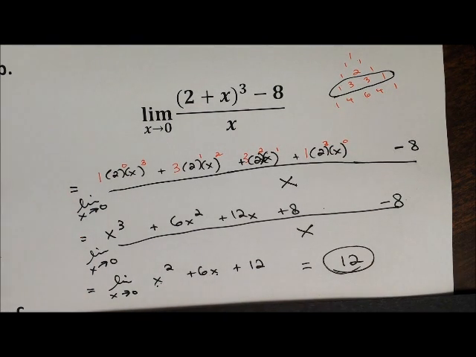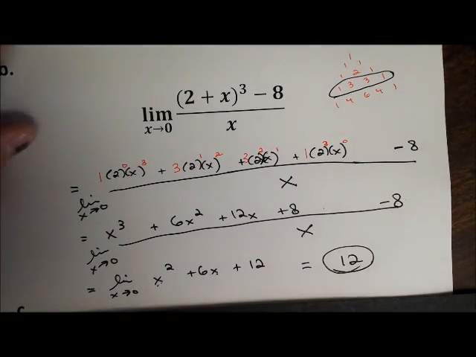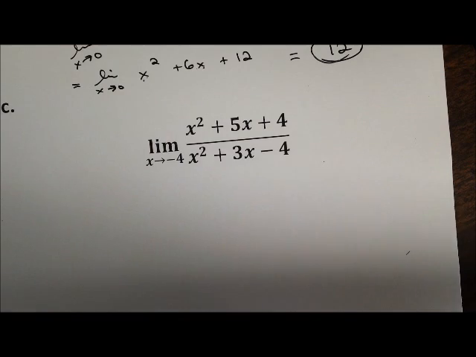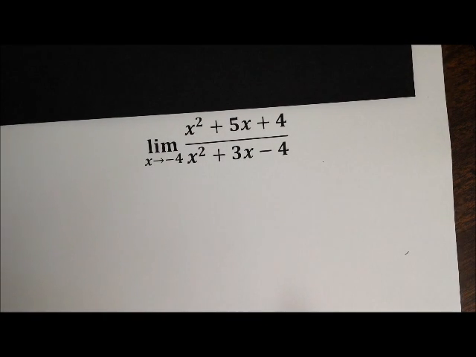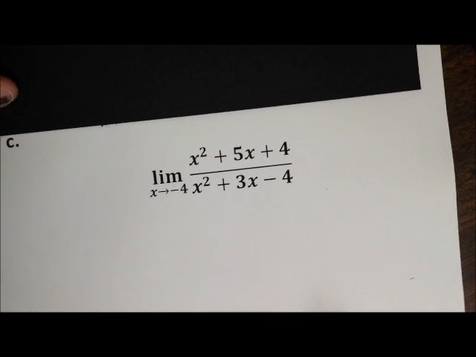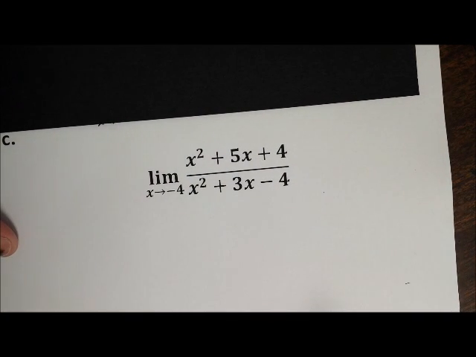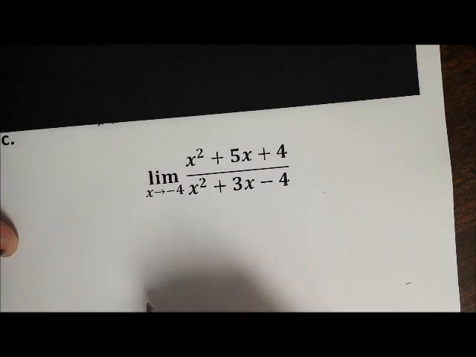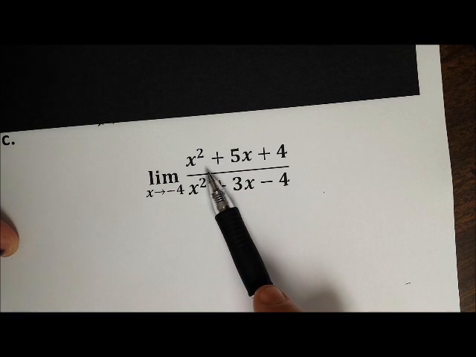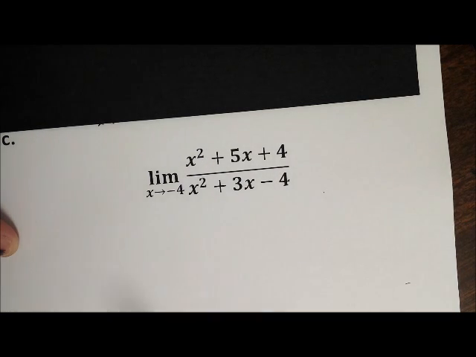Alright, the next one is to factor and simplify. So let's take a look at that example. Alright, so we have a trinomial divided by another trinomial. The limit as x approaches -4. Most of us, when we see a trinomial at this point in calculus, we're tempted to just factor that.